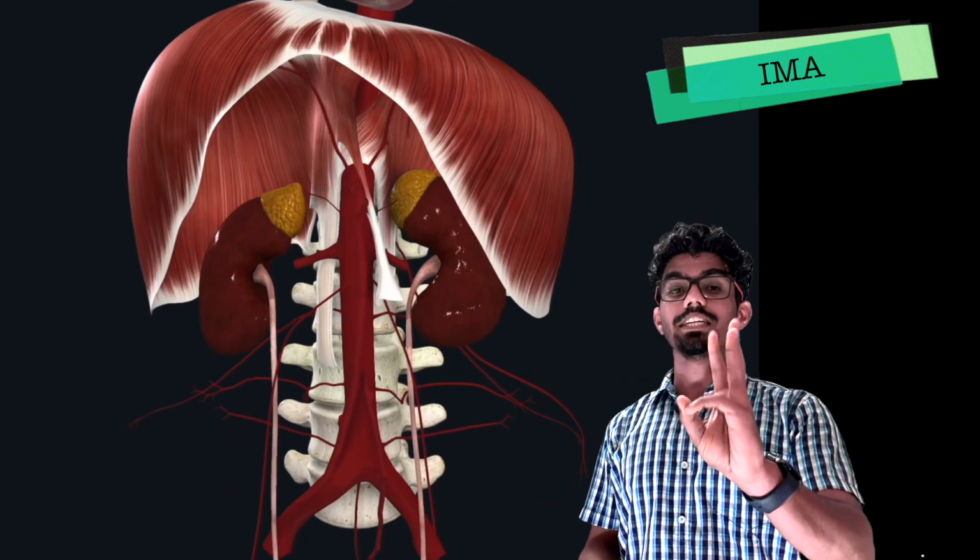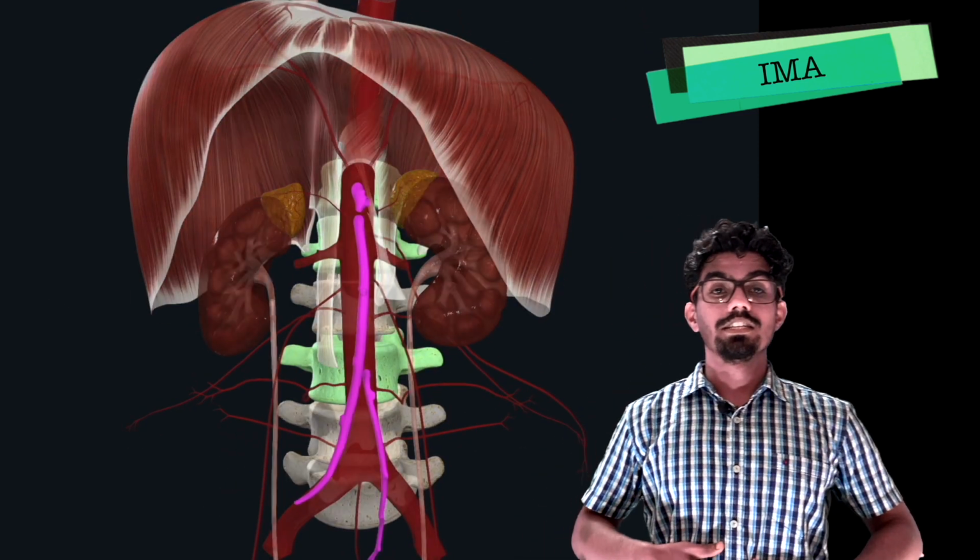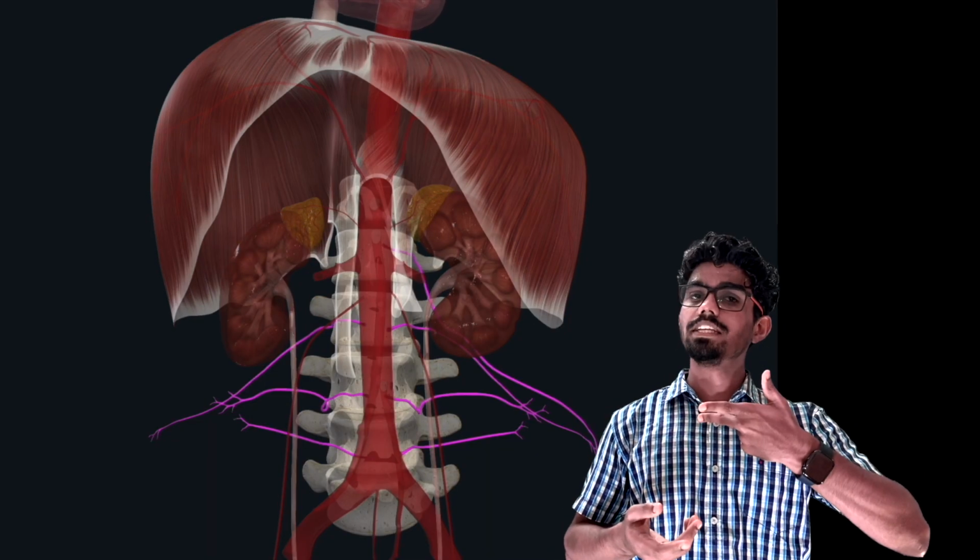So there are 3 anterior branches of the abdominal aorta: the celiac trunk, superior mesenteric artery, and the inferior mesenteric artery. The celiac trunk arises at T12 level, whereas the superior mesenteric artery at L1 and the inferior mesenteric artery arises at L3 level. Clear? Now, there are two posterior branches.